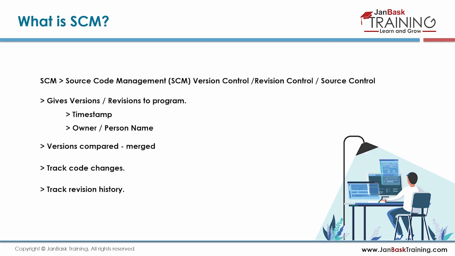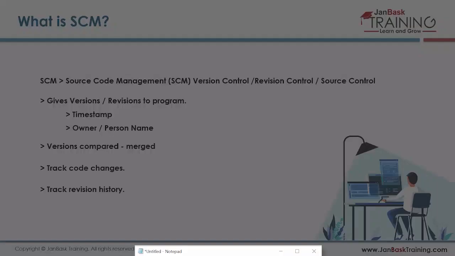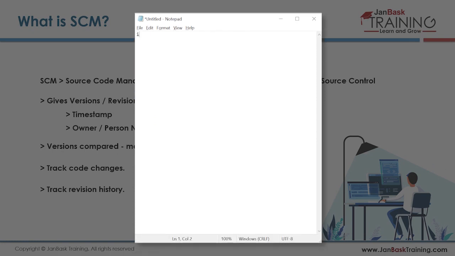For example, if you have a file, say by the name ishkapila.doc today, and suppose after 2 days you save another file by the name ishkapila1.doc, this is a second version of the same file.